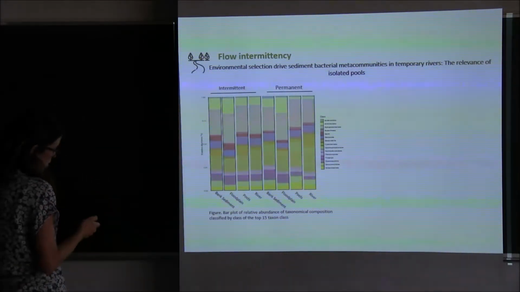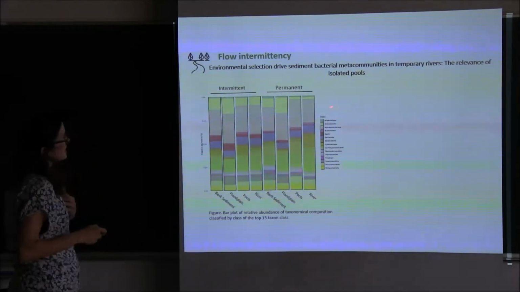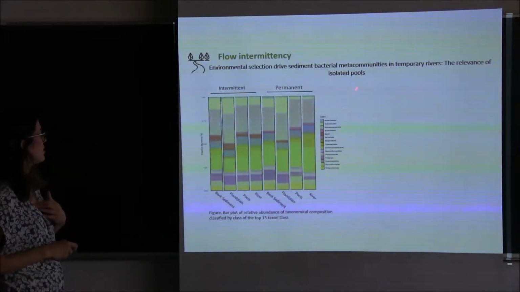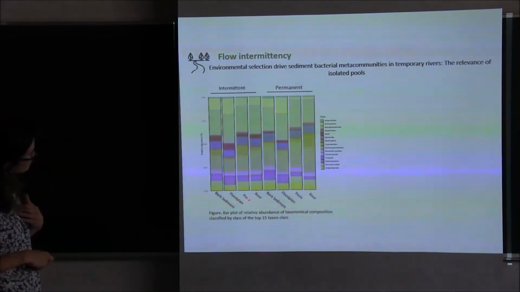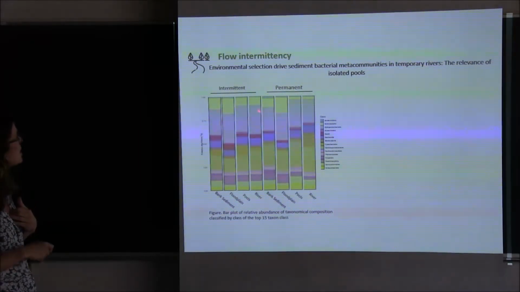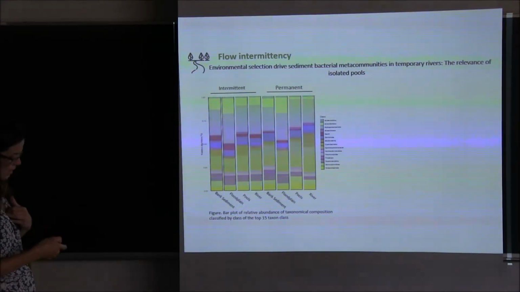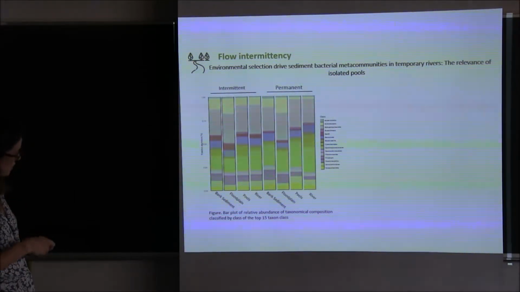Here are also the results of the main classes observed in the different habitats for the different reaches, the intermittent and the permanent reach. Also here, interestingly, this includes all the sampling periods together.